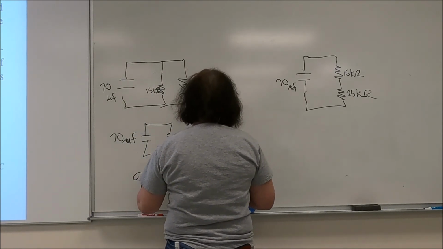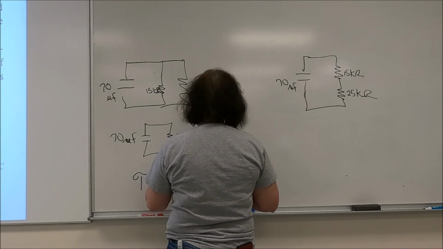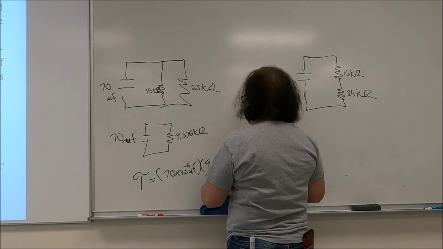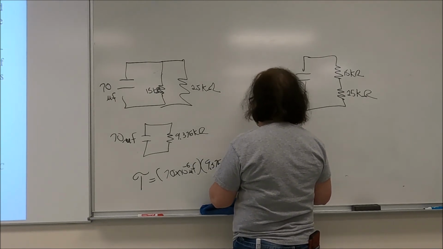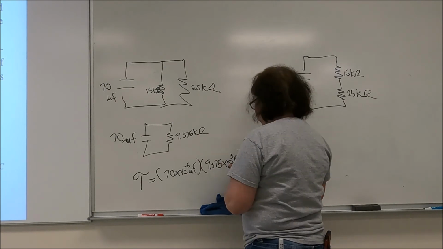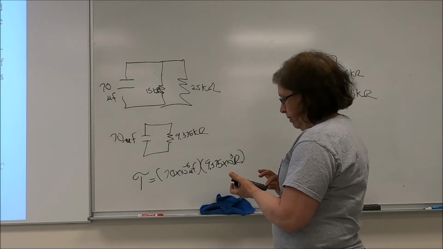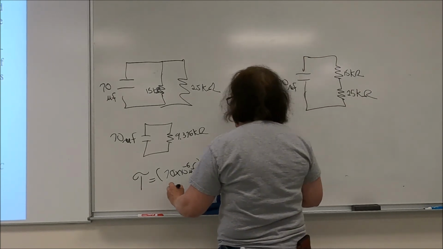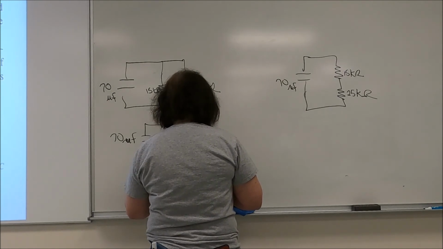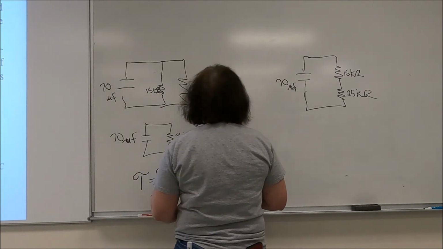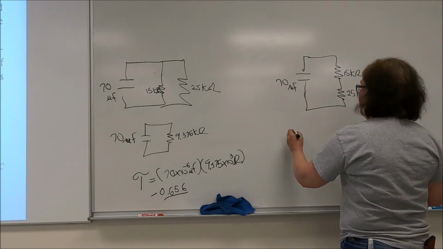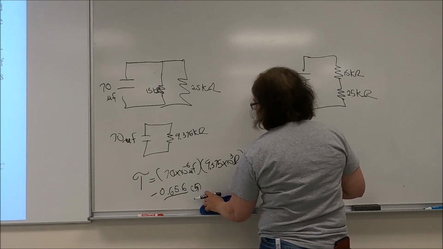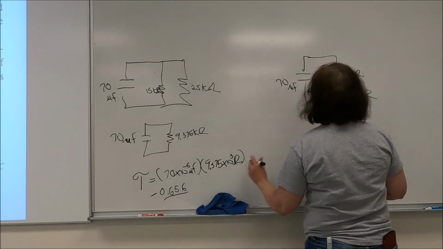Tau here is 70 times 10 to the minus 6 farads times 9.375 times 10 to the 3 ohms. So I get a tau of 0.656. Tau is going to be in seconds, but really don't worry too much about the units.